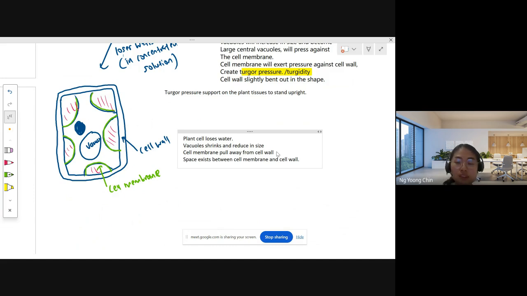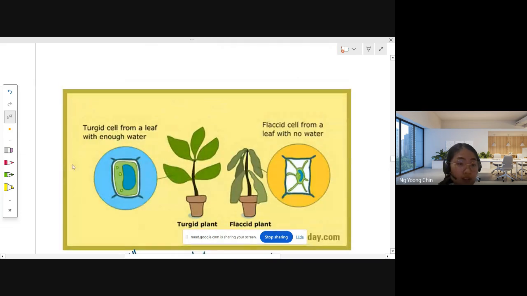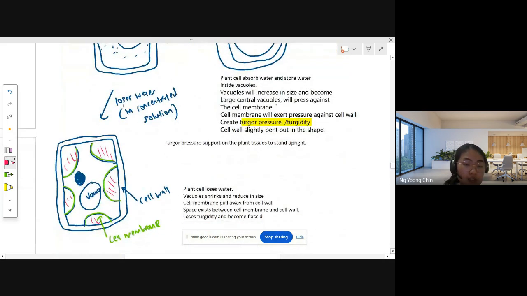Okay, so this cell becomes flaccid. They lose their turgidity and become flaccid. So this is a flaccid cell.